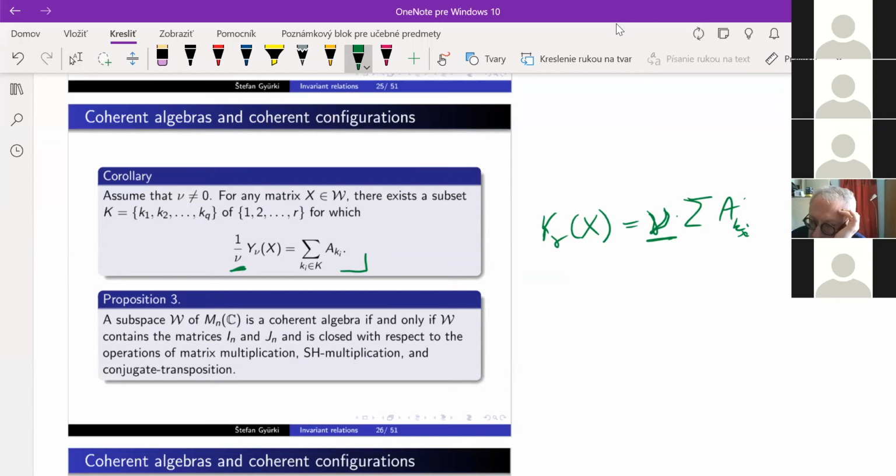In fact, this is much easier if you write it down and see what is going on.